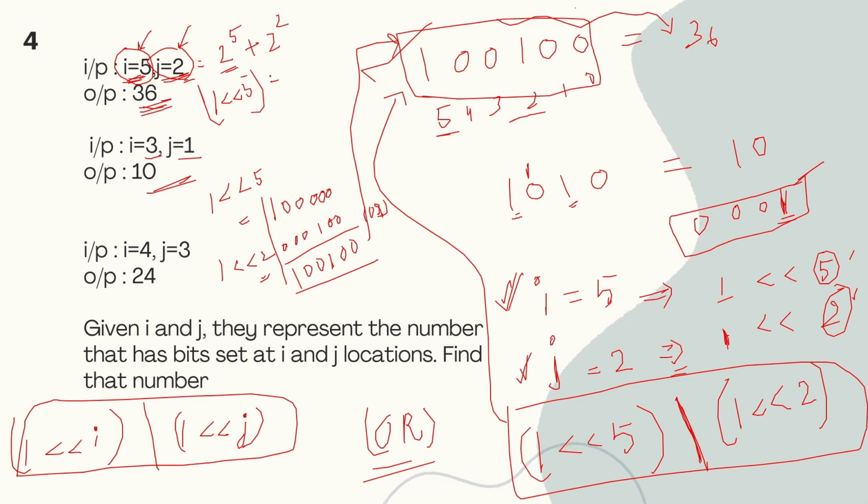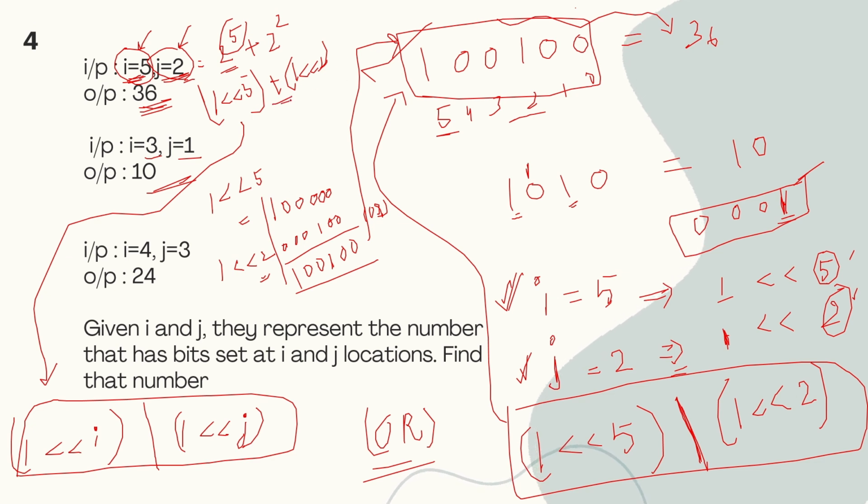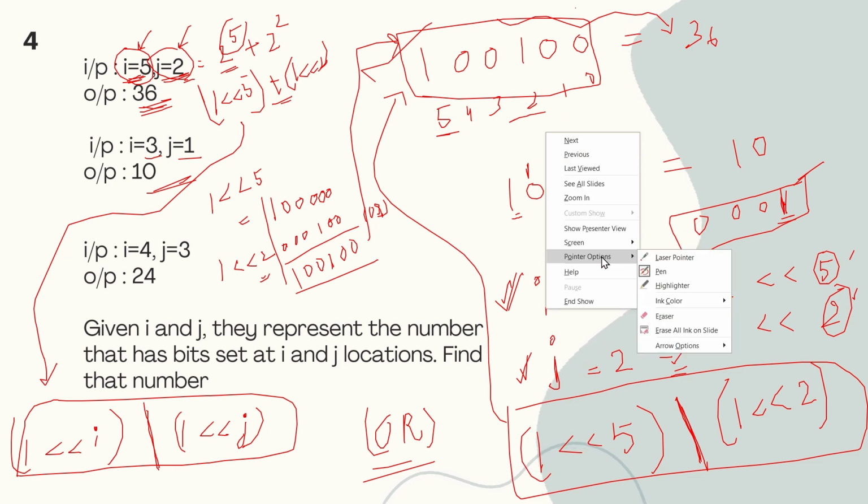Similarly, 2 power 2 is one left shift 2 times. So again, you can see clearly we got the same approach, right? One left shift i times, that means 5 times, and one left shift 2 times. But here I've kept a plus, but you can also apply an OR operator, which brings up a complete bitwise operator solution, right?